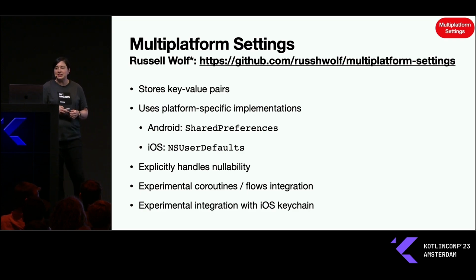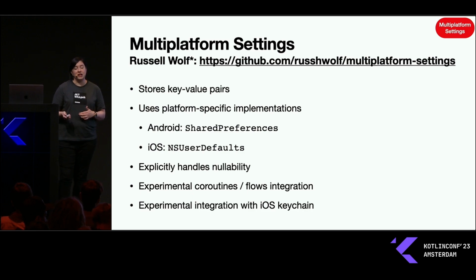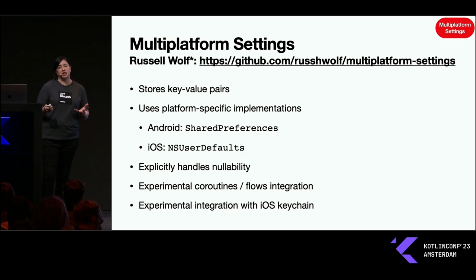It is exactly what you need if you want to store key value pairs in a platform-specific way from your shared code. For Android, you're going to be using shared prefs, and for iOS, you're going to be using NSUserDefaults. What I really like about this library is the way that it allows you to write more idiomatic Kotlin code. For example, the way that it handles nullability is a lot less Java-y than shared preferences.